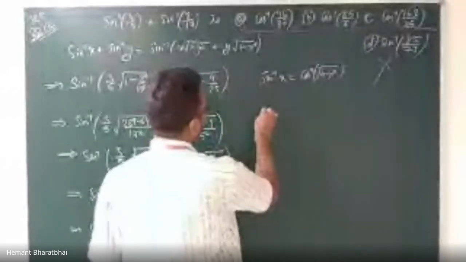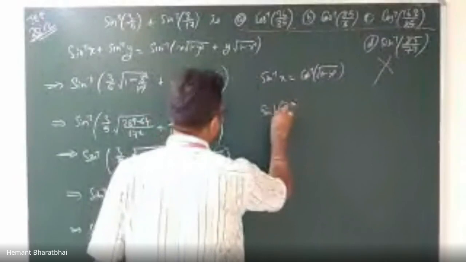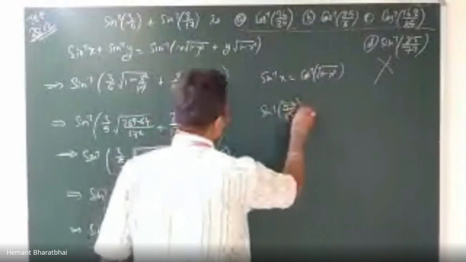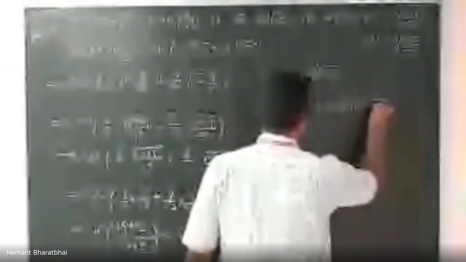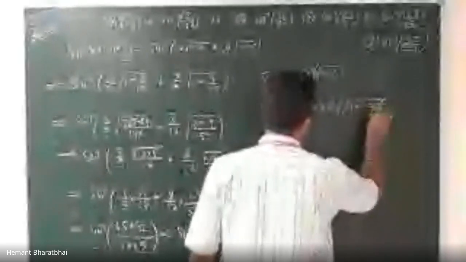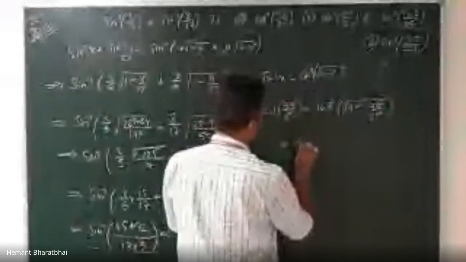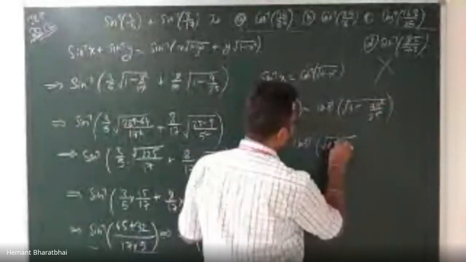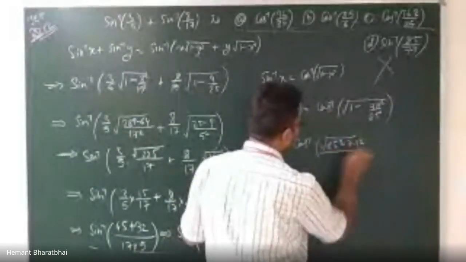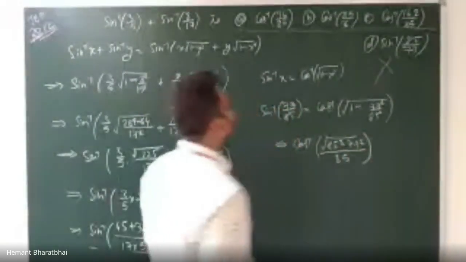So here if I put this, my sine inverse of 77 by 85 becomes cos inverse of under root of 1 minus 77 square by 85 square. So I'll get cos inverse of root of 85 square minus 77 square upon 85 square, that is going to give me 85 in the denominator.